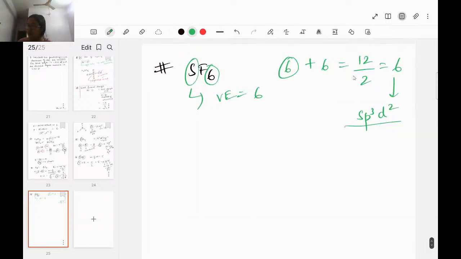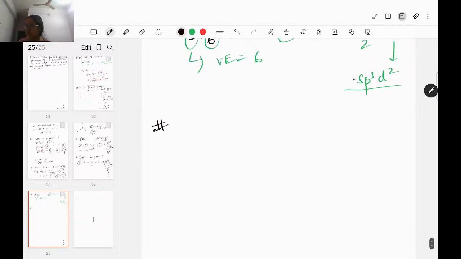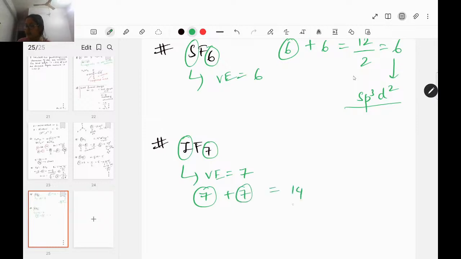Now what do we have after sp3d2? We have IF7. I over here is the central atom, and the number of valence electrons is 7. So 7 plus the number of monovalent atoms, 7, is equal to 14. 14 by 2 is 7.